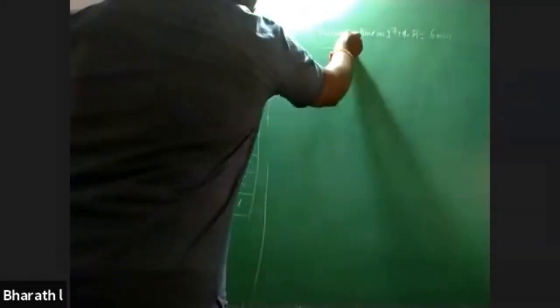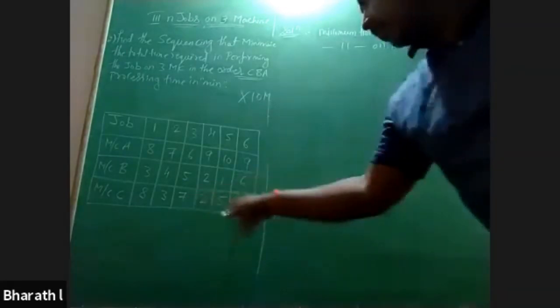Similarly, I have to find the minimum time on the last machine, that is machine C. The minimum time on the last machine is 1 minute.